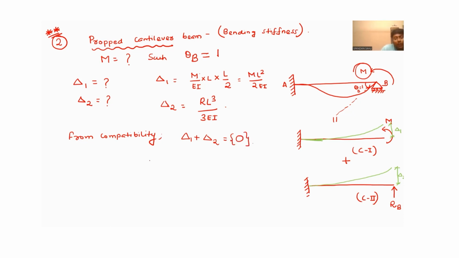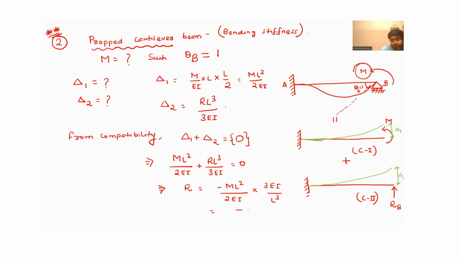Correct? Now substitute: M L square upon 2EI plus R L cube upon 3EI will be equal to 0. From here, you need the R value. So it will be minus M L square upon 2EI into 3EI upon L cube.